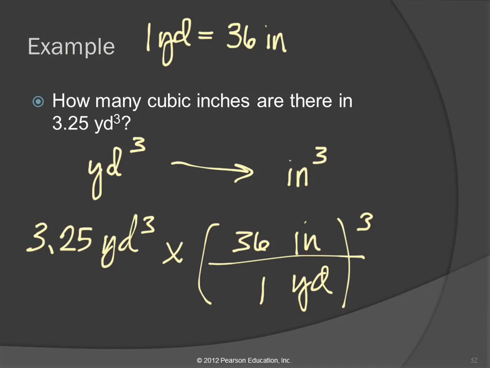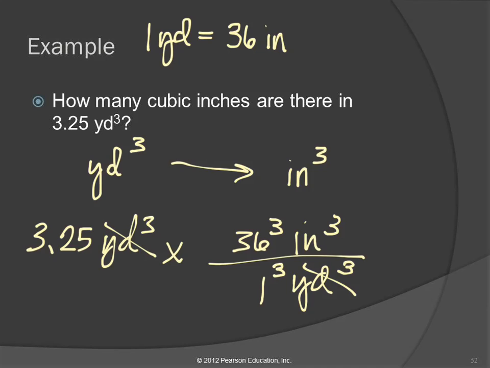And you may look at that and say, well, that's not real obvious to me how the units are going to work out. So another way that you could write this is, okay, this is cubic inches, cubic yards. The numbers have to be cubed also. That might be a little easier to see how the units are canceling out, that yards cubed cancels yards cubed. What is 1 cubed? Just 1. 1 times 1 times 1 is still 1.